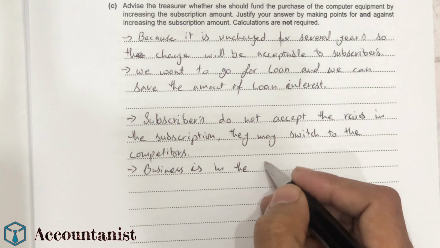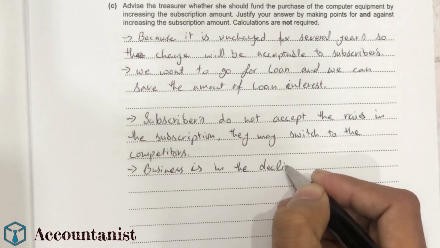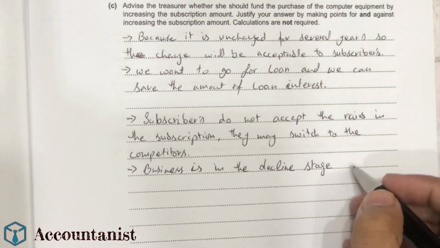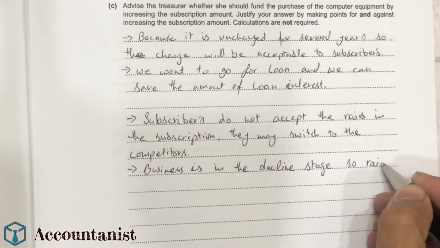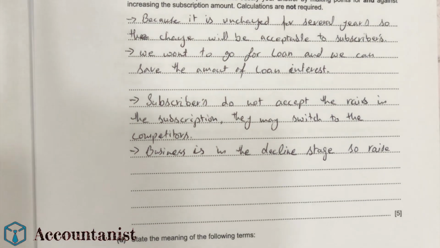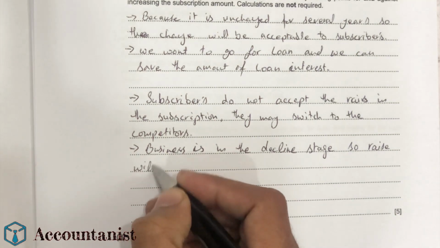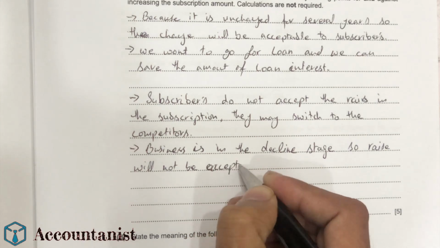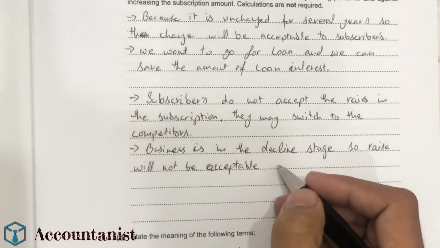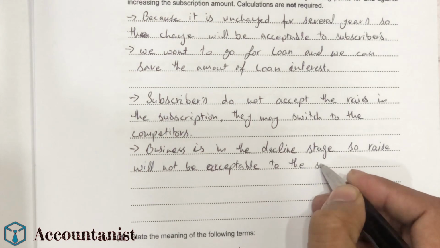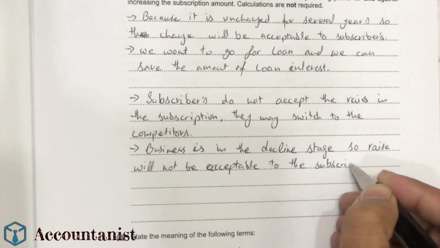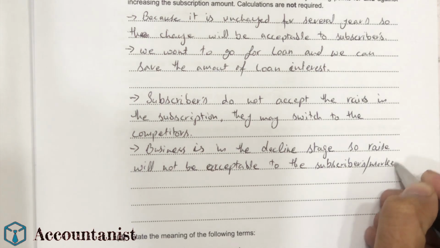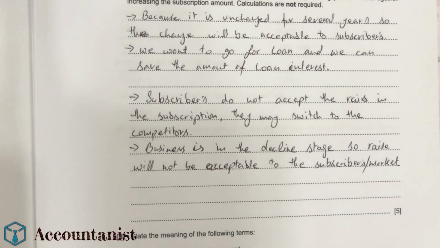So in the market where we have a decline stage, a raise will not be acceptable to the subscribers or the market in which the business is running. So at the end, obviously, you have to give the advice.